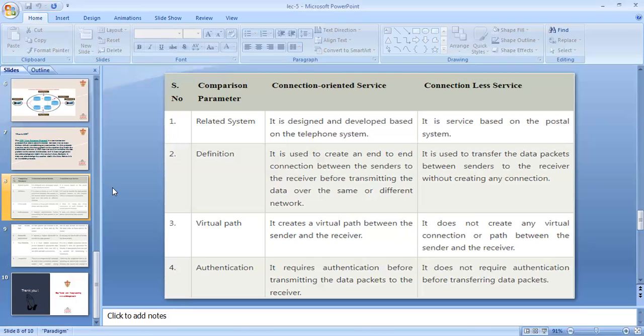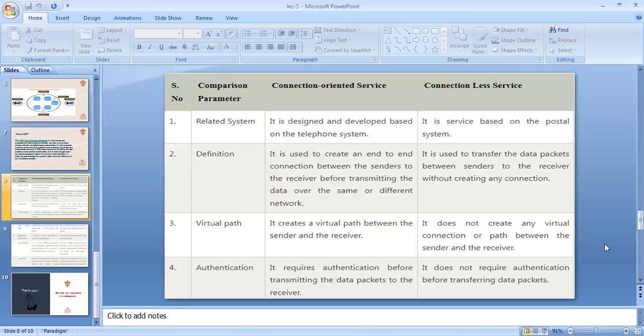Now the third one is virtual path. That means in connection-oriented services, there is a virtual path between sender and receiver. But in case of connectionless services, there is no virtual connection or path between the sender and receiver. Now the fourth one is authentication.